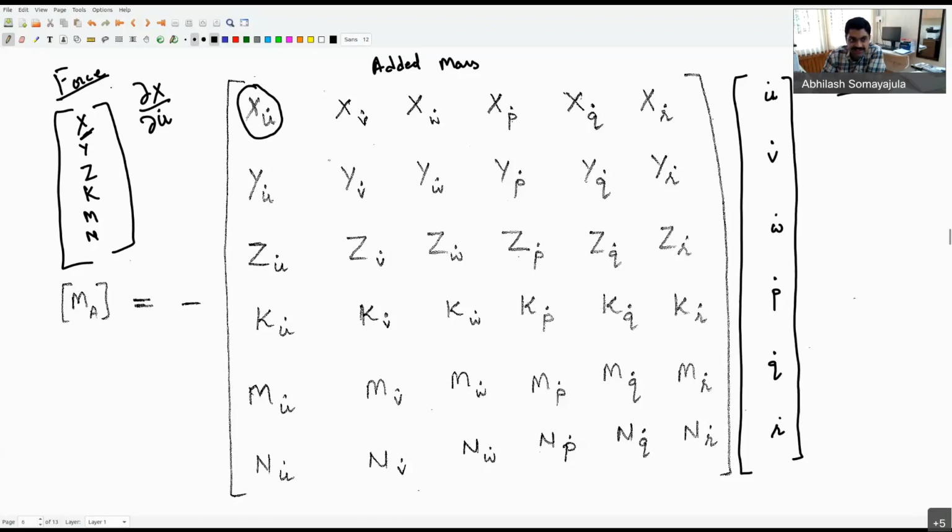So we get the mass. Correct. It's an expression for the mass.